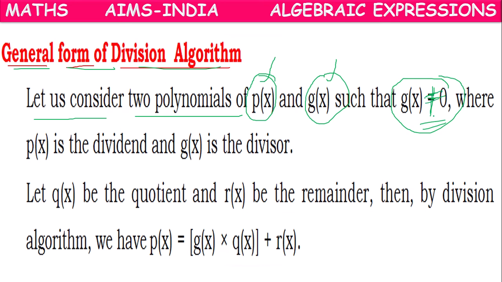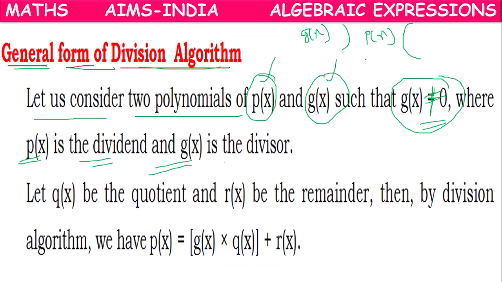P of x is the dividend, the expression which is to be divided, and g of x is the divisor.